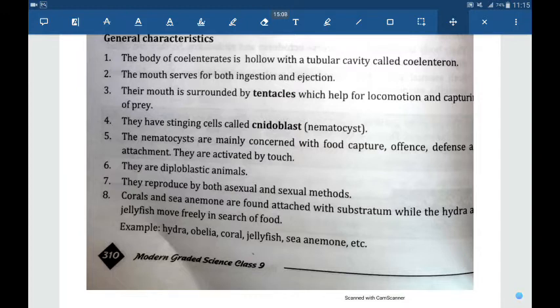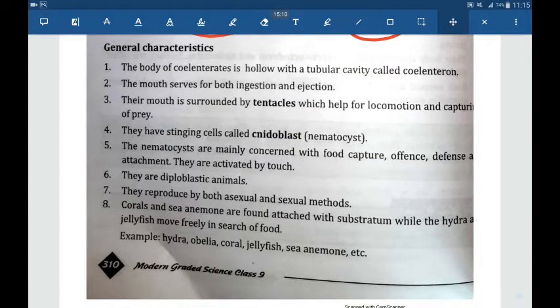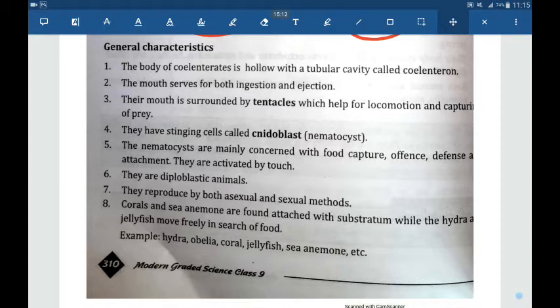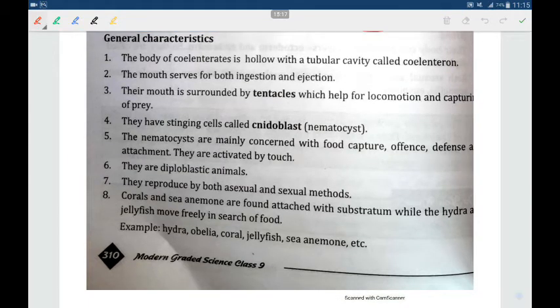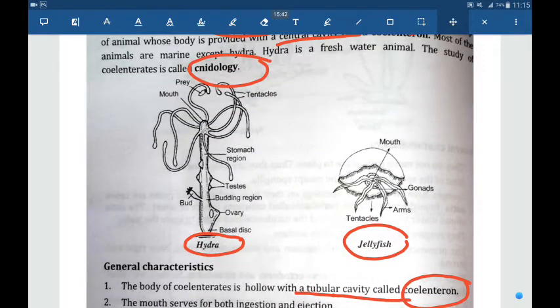Now students, what are we going to discuss? Specific characteristics. Number one, they contain a hollow cavity called coelenteron. Their mouth is surrounded by tentacles. Now I'm going to show you. Look here.